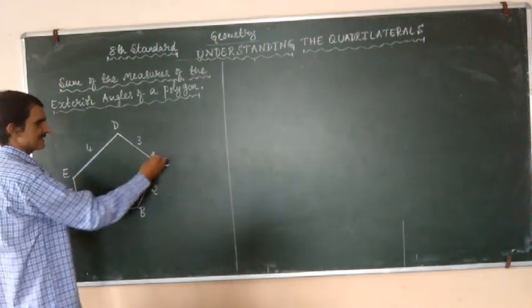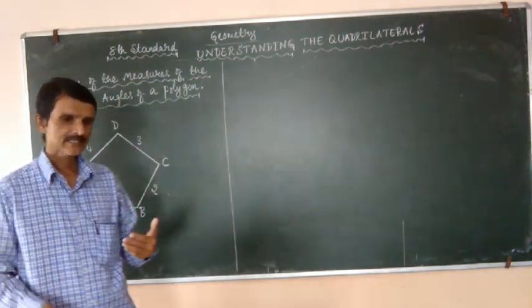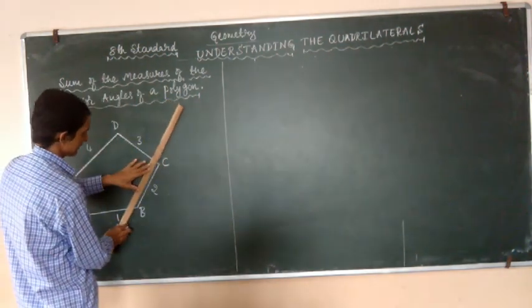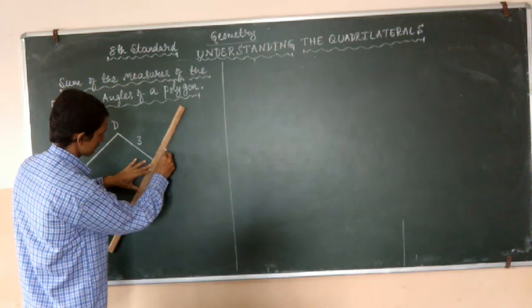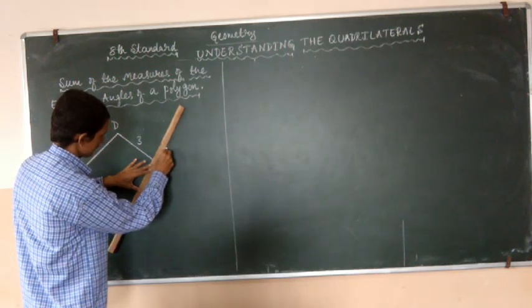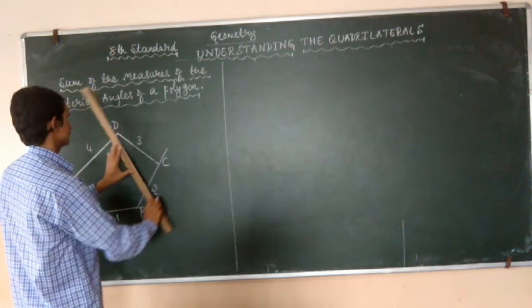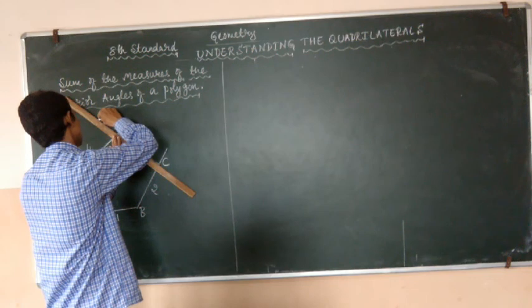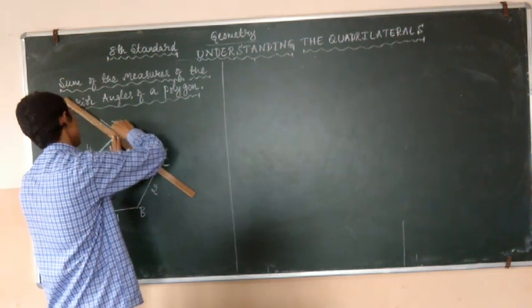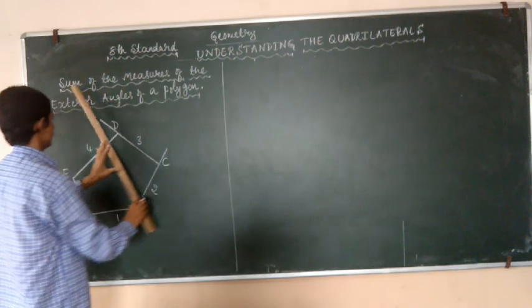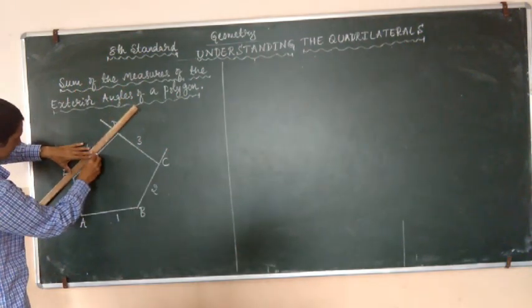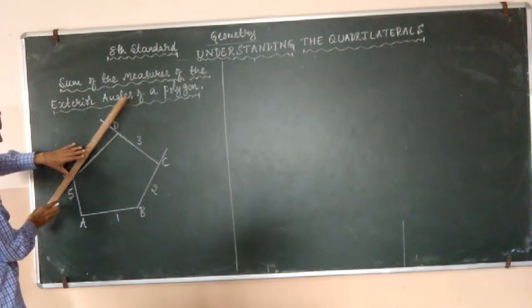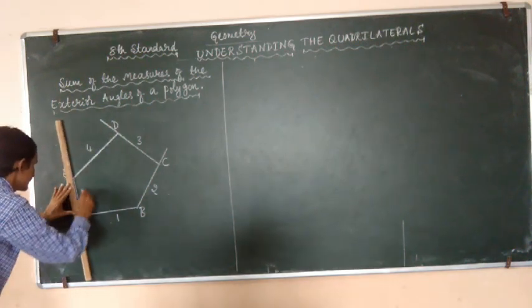If we extend each of the sides of the pentagon, observe here, I'm extending each side. Here I have extended the exterior angle of B.